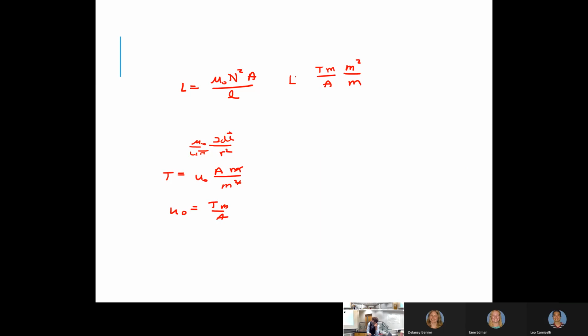And this whole thing is a Henry. So we get some simplification here. The meter cancels a meter. So a Henry is defined as a Tesla meter squared per amp.